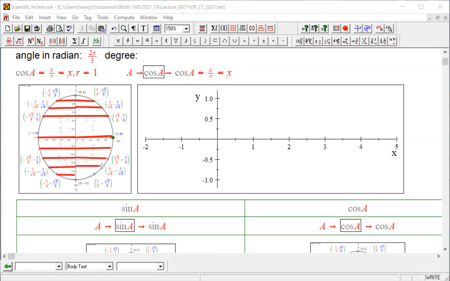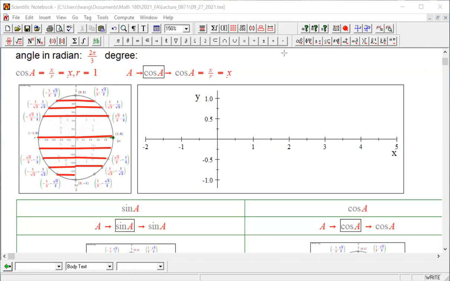What can be the red value? What's the largest red value it can be? What is the smallest red value it can be? It's between -1 and 1, right? The smallest is -1, the largest is +1, yes? That's the range of cosine. I think we covered that last time, didn't we?